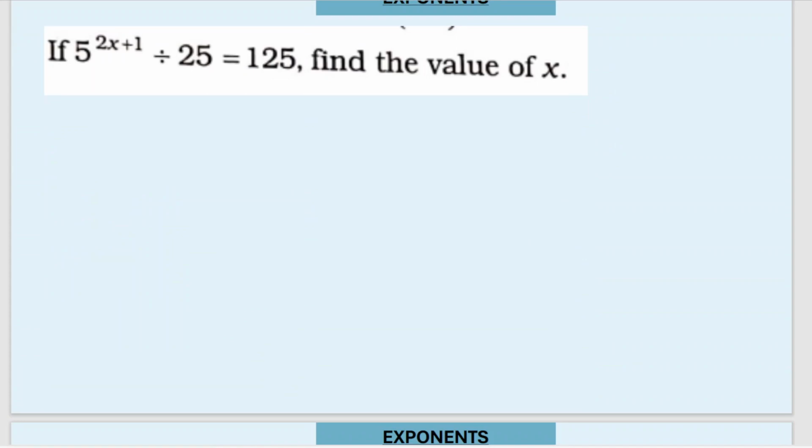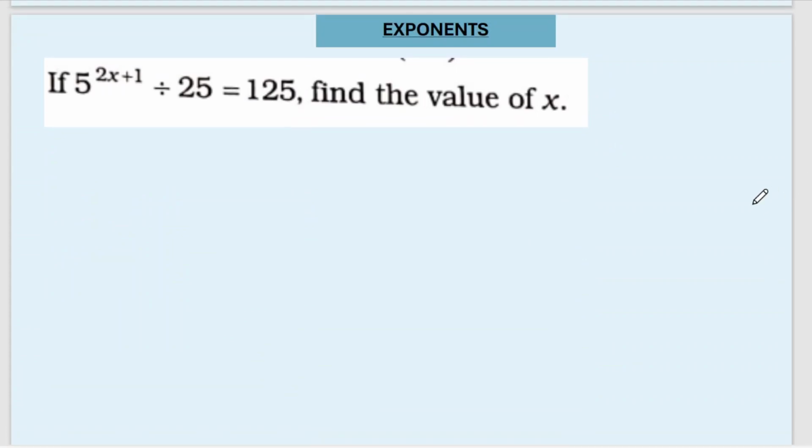If 5 to the power 2x plus 1 is divided by 25 equal to 125, find the value of x. Okay. So 5 to the power 2x plus 1 divided by 25. Can I write this as 5 to the power 2? Yes.